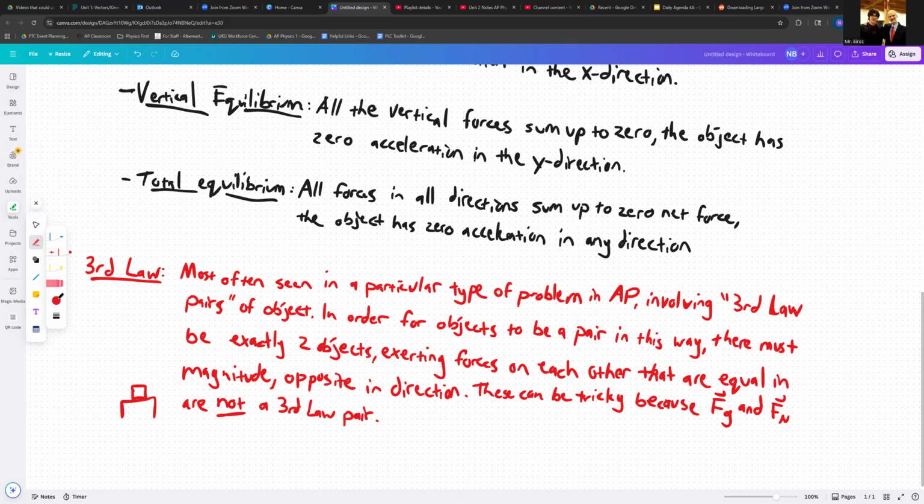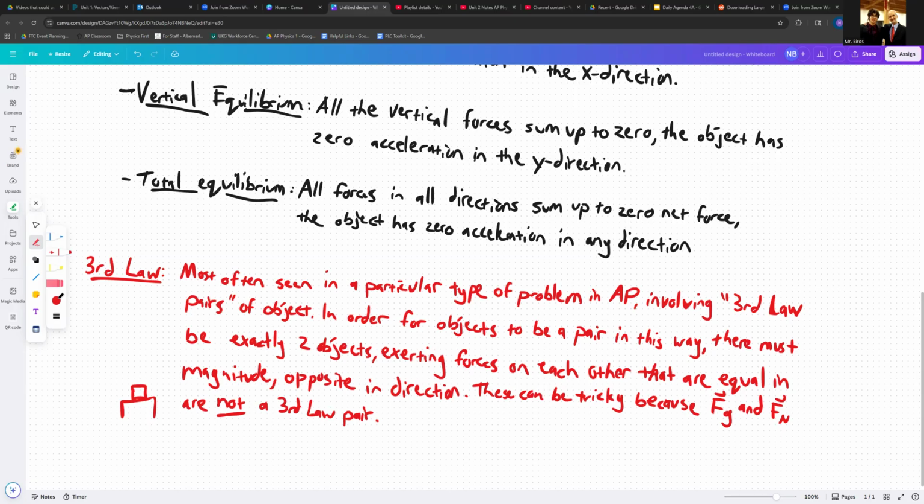So the forces that are happening here, sure, we have gravity pulling down with, let's say, 5 newtons of force, and the table supports it and pushes back up with 5 newtons of force. So we might think, well, aren't these just equal in magnitude, opposite in direction? Shouldn't this be a third law pair? What's happening here is we have 3, not 2, objects that are putting forces on each other. So the 3 objects are the table, the box, and the Earth.